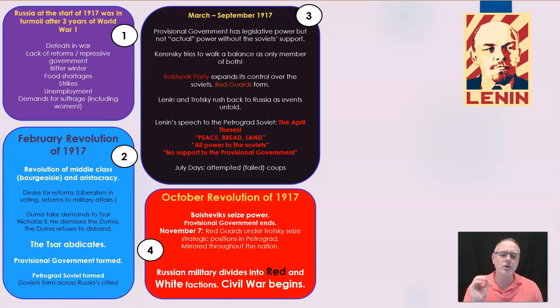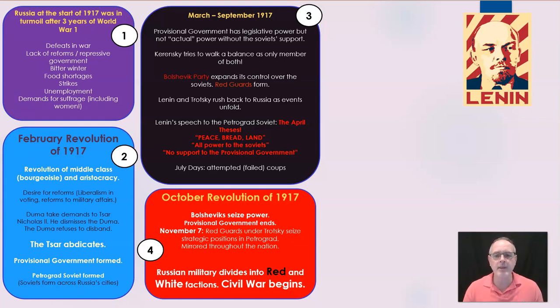At this stage, the Russian military divides into those who align themselves with the Bolsheviks, the Reds, and the White faction, those who are anti-Bolshevik. And they have all sorts of motivations. But we now have the Reds and the Whites, and these are the two sides of our civil war starting to be able to be identified.